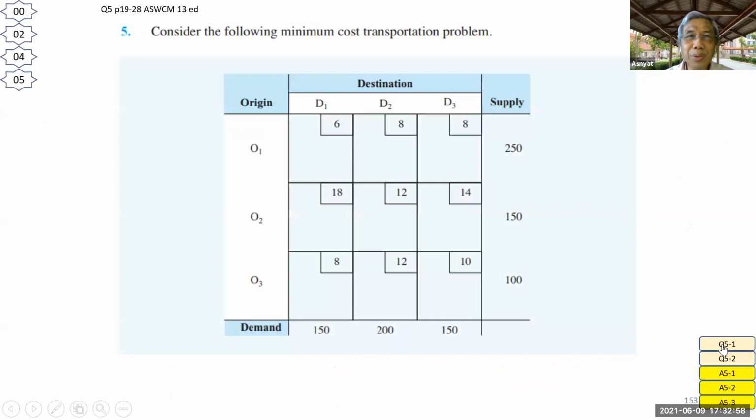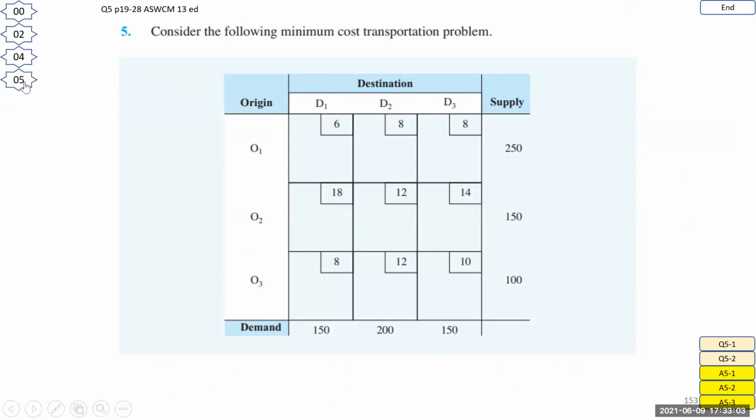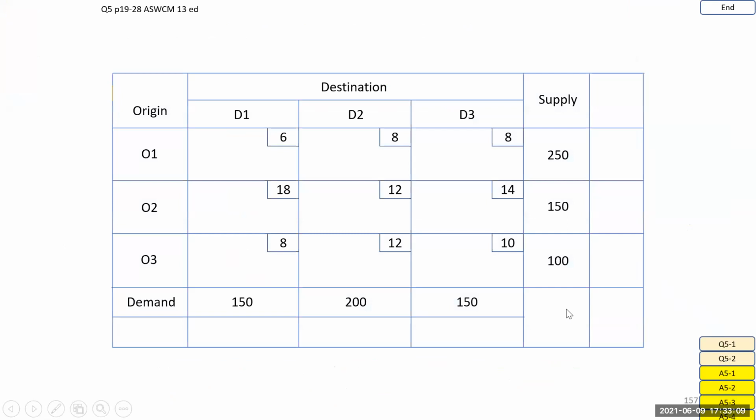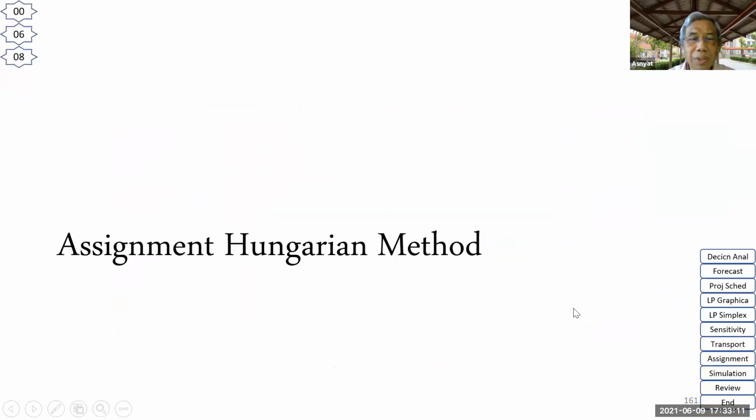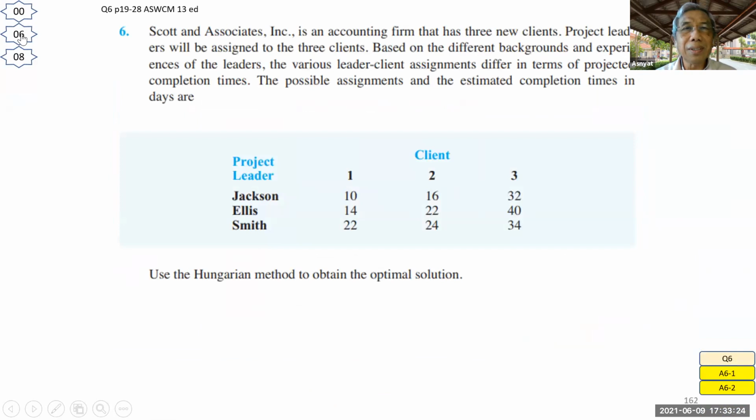Okay, let's move on to the assignment problem. We do one assignment problem. Scott's and Associates Incorporated is an accounting firm that has 3 new clients.